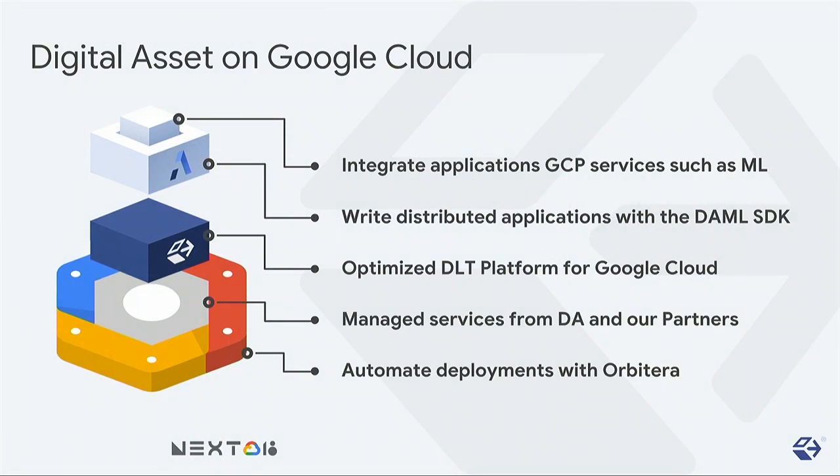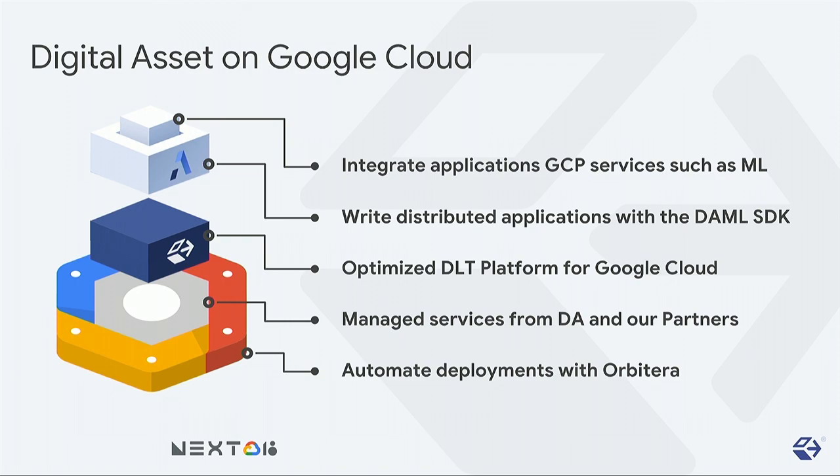So first of all, at the top layer, what you can do is build applications using all of the best of the Google Cloud infrastructure, things like Google Cloud Functions and TensorFlow and Spanner. Now, I can talk for hours about why these offerings are so fit for purpose for building applications that connect into a distributed ledger.